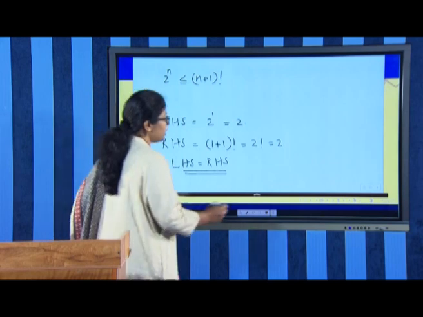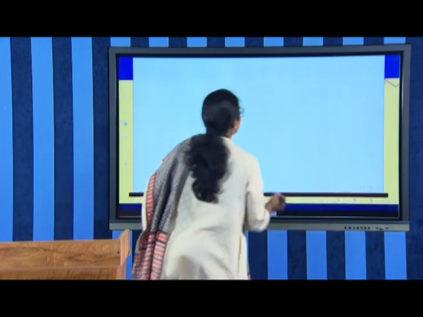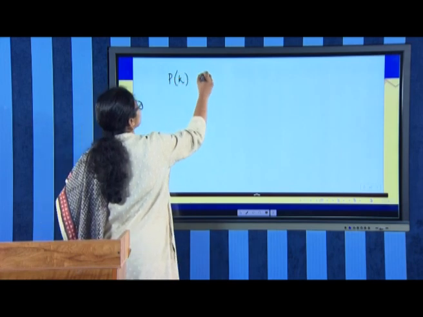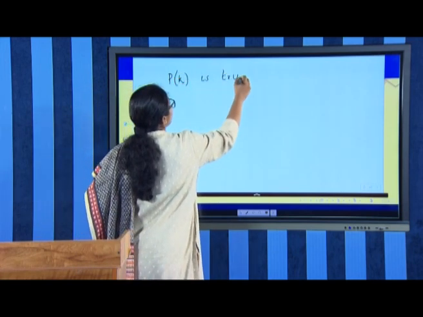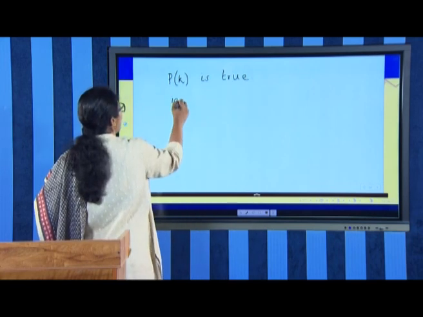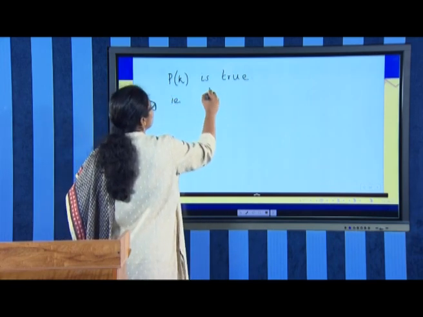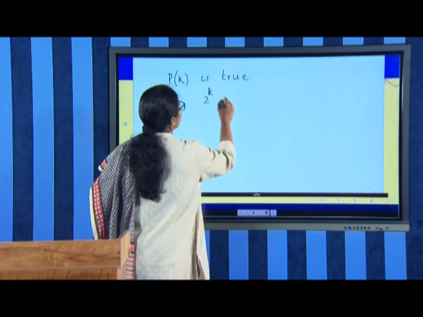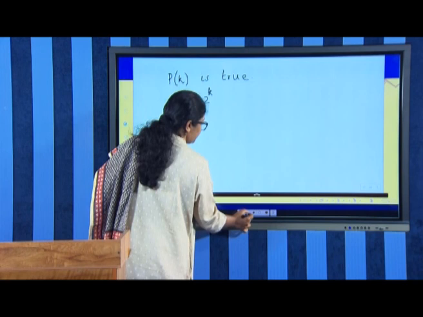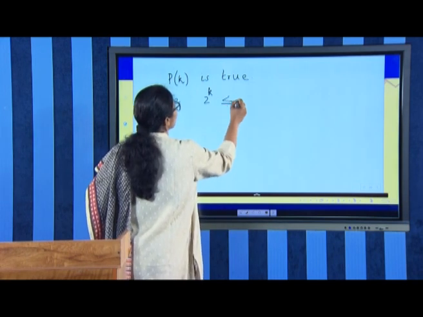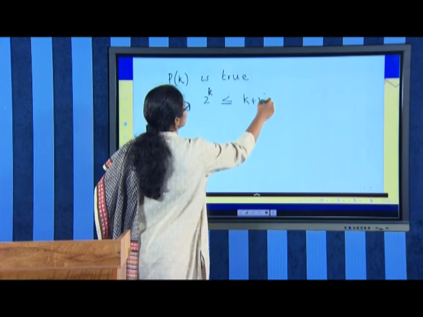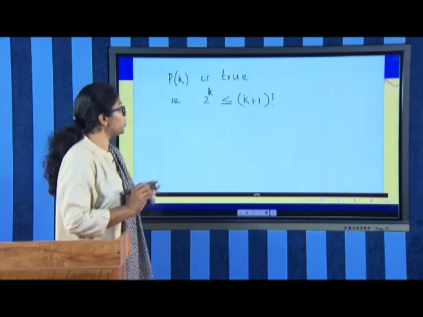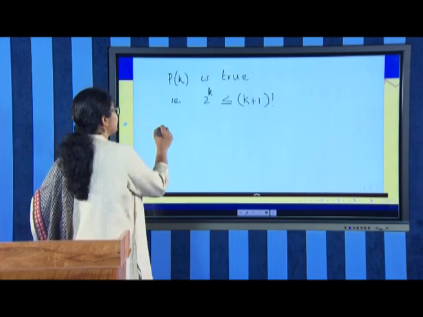Now, consider P of k is true. Therefore, we assume that P of k is true. That is, we have 2 power k is less than or equal to k plus 1 factorial. We are assuming that this is true for some natural number k.